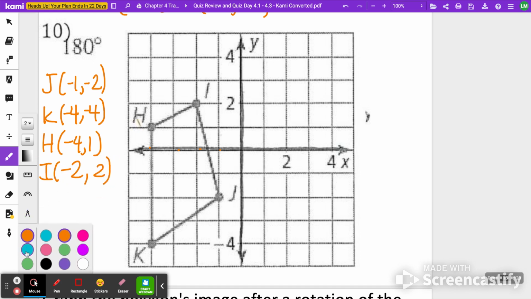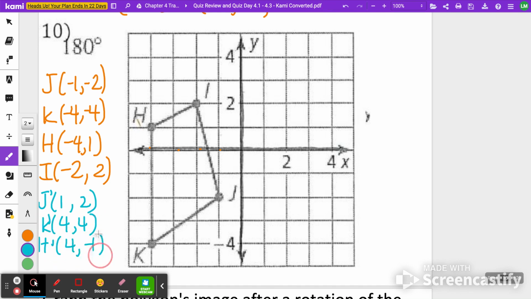So how this pattern is going to change, J prime is just going to switch to its opposites, (1, 2). K prime will switch to its opposites, (4, 4). H prime, opposites, (4, -1). And I prime, opposites, (2, -2).